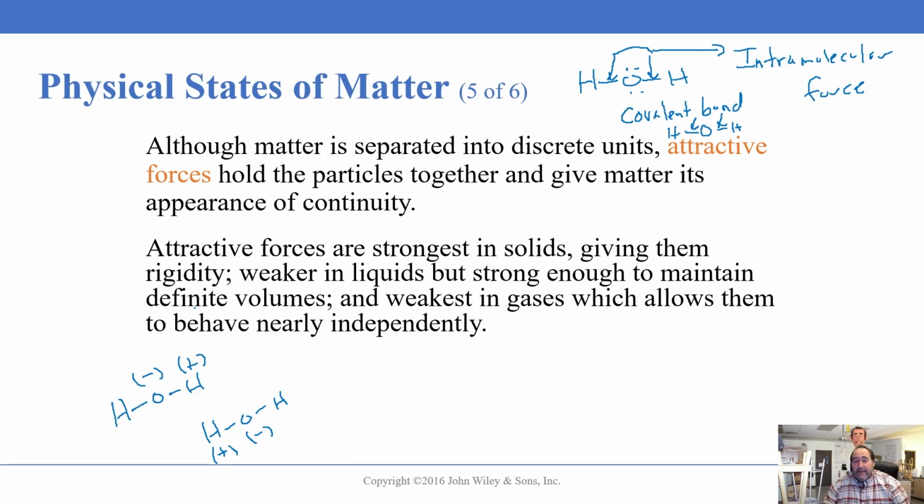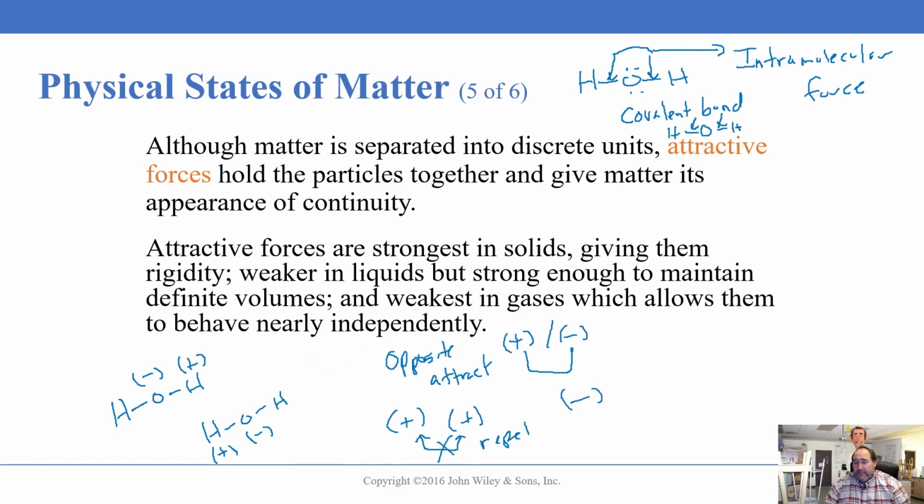So in chemistry, much like in life, opposites attract, which means things that are positively charged and things that are negatively charged are attracted to one another. Things that are positively charged and things that are positively charged are repelled by one another, not attracted. And same thing, things that are negative and negative also are not attracted to each other. They're repelled by one another.